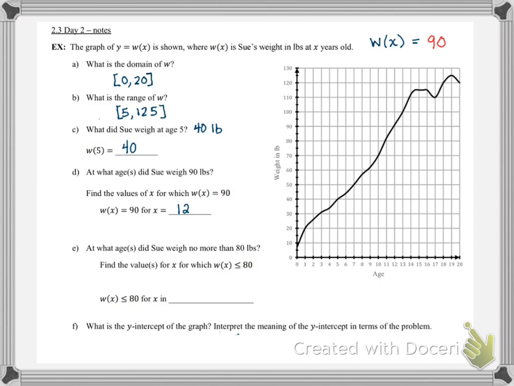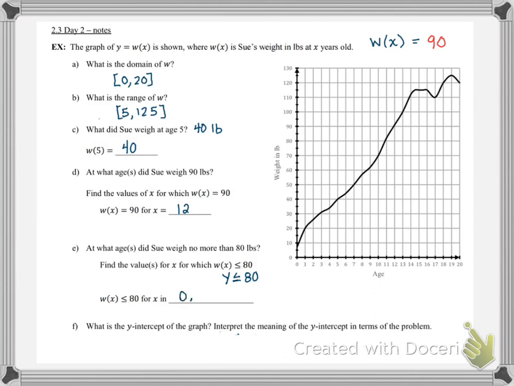Now we want to know what ages she weighed no more than 80 pounds. So we're looking for where y is less than or equal to 80. So notice again this notation. There is no number in the parentheses, so we're looking for x values. And we're saying that our y value is less than or equal to 80. So what ages would that be?